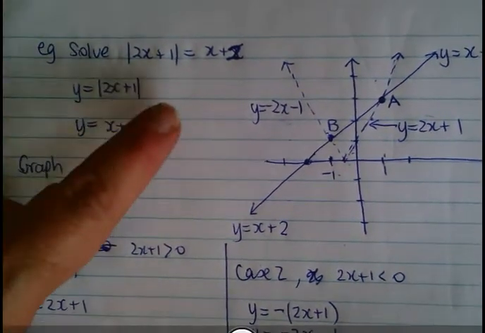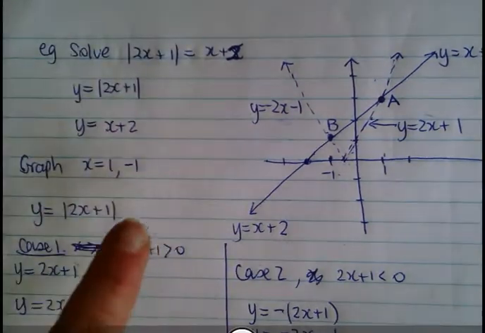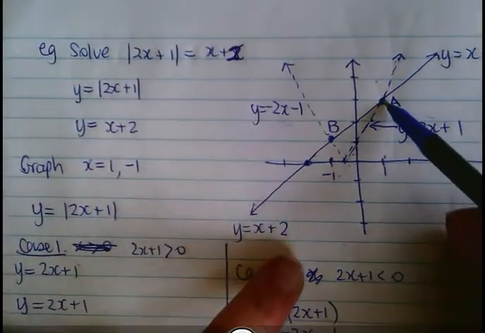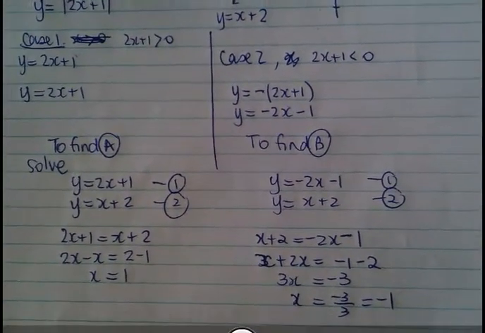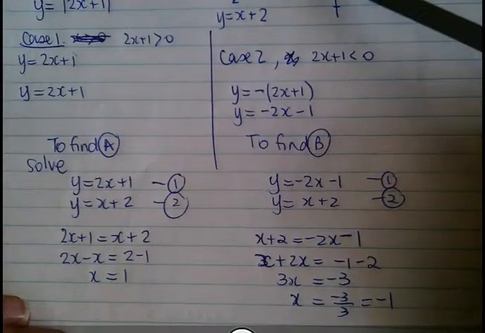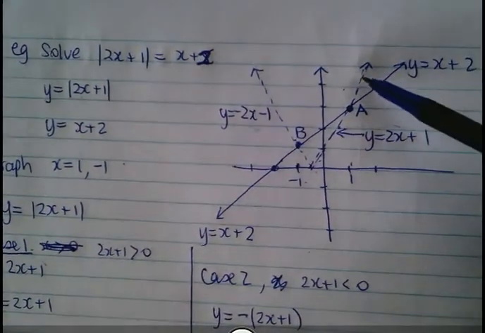So therefore the solution to the absolute value of 2x plus 1 equals x plus 2 is, from the graph, x is 1 and negative 1. However, when you solve it using algebra, you must write the two forms of the equation, because you do have two different lines.